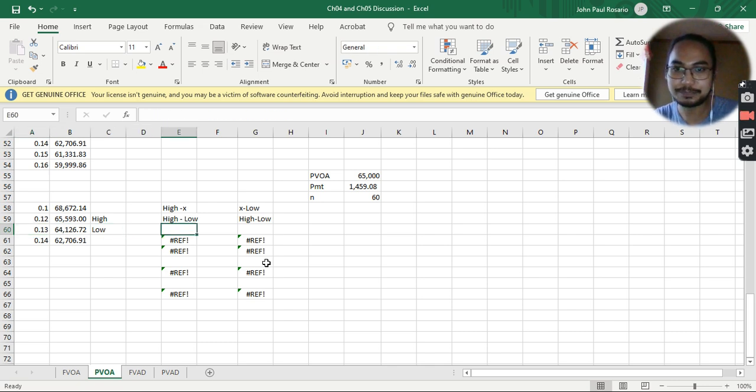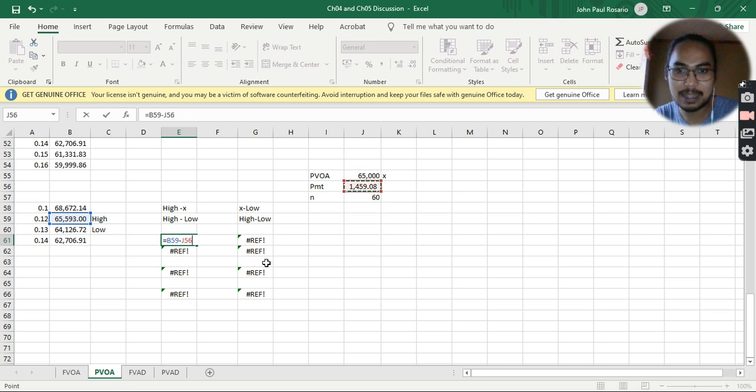So I would rather look at the amounts themselves. In this case, this is our X. It's the same high-low approach for the PVOA. So high is this one, minus our low, our X minus our low, and then our high minus our low. I like that.